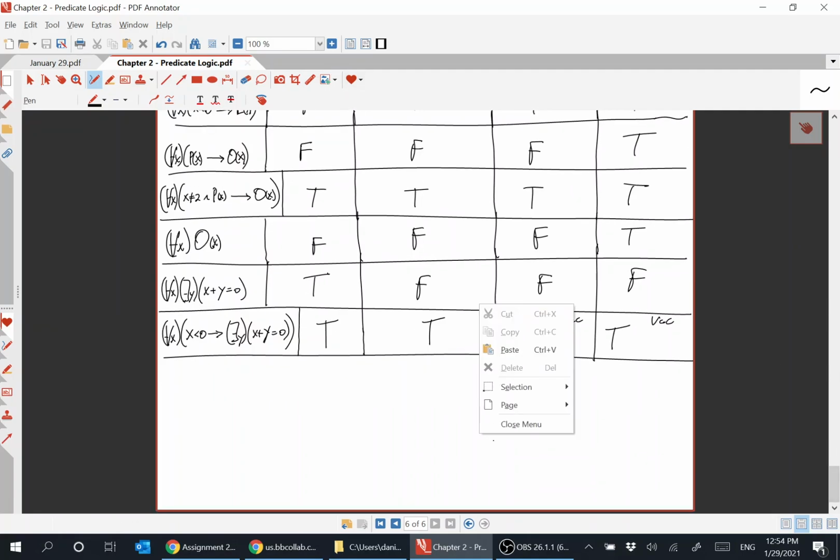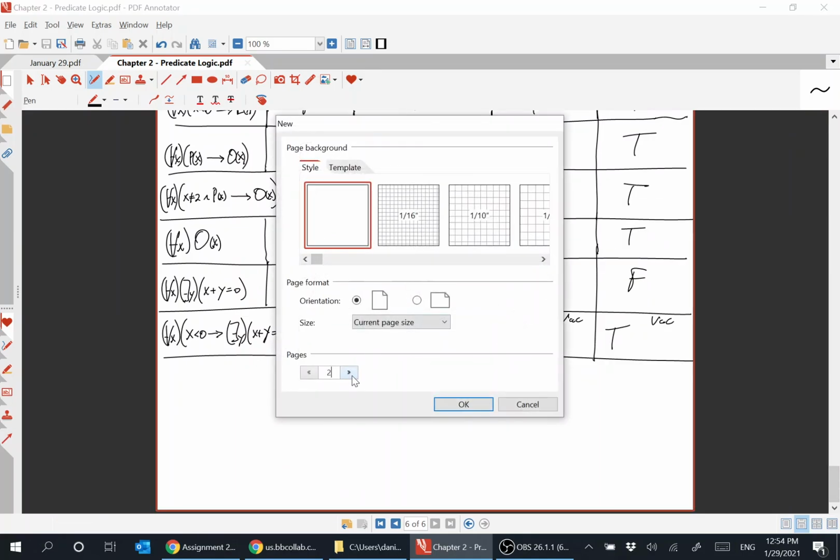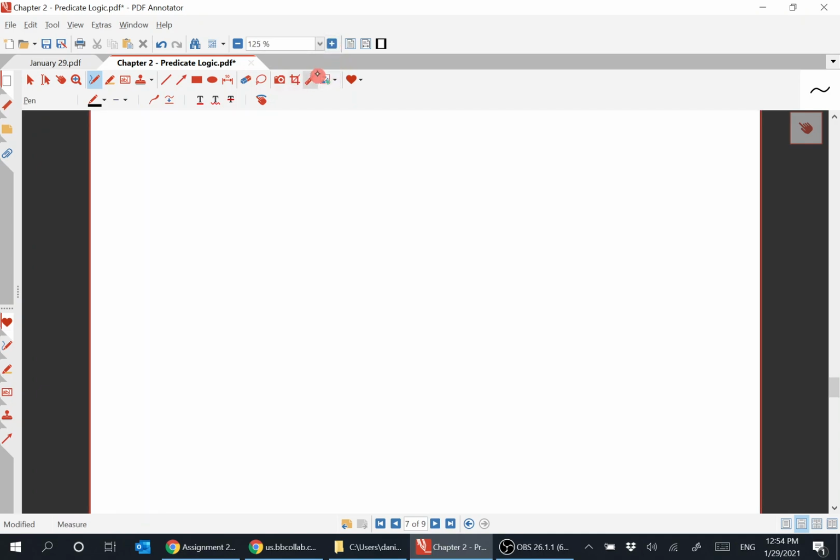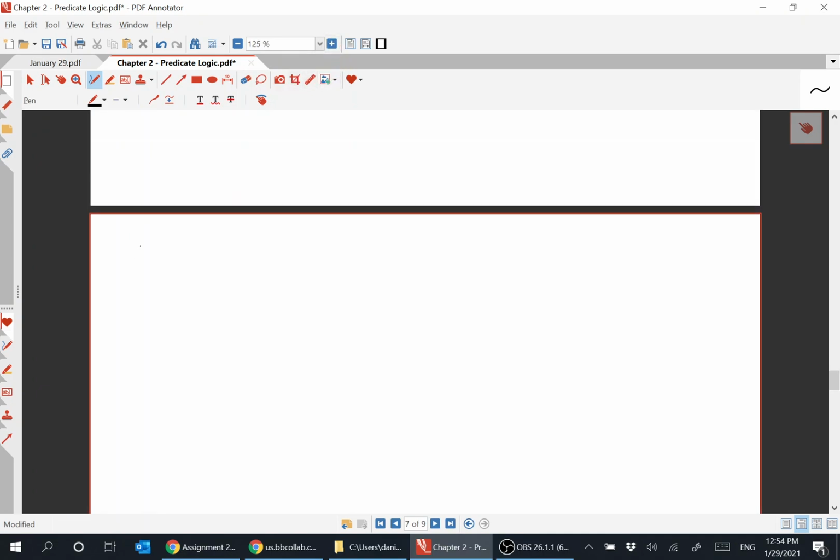Let's talk about translations. So translating English language statements into predicate logic statements.